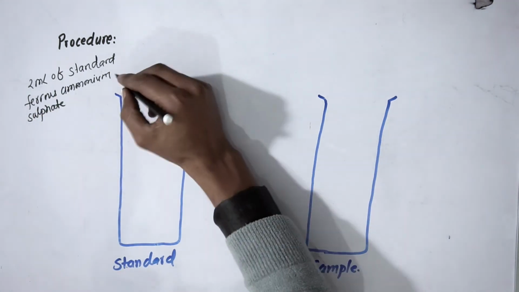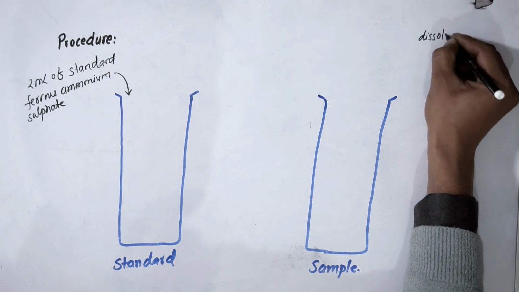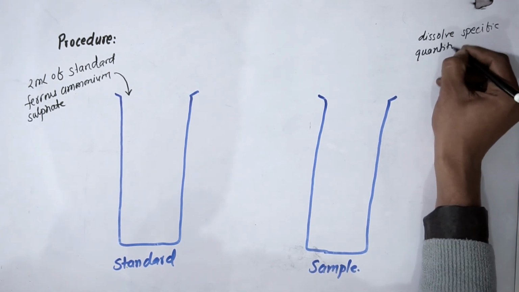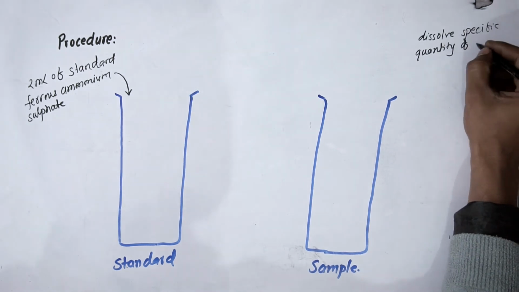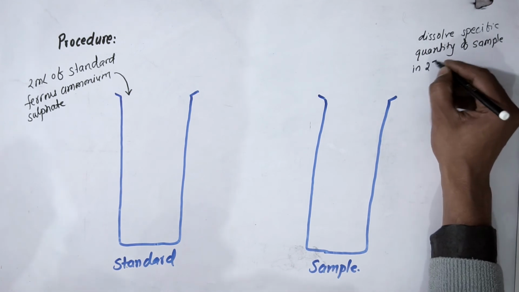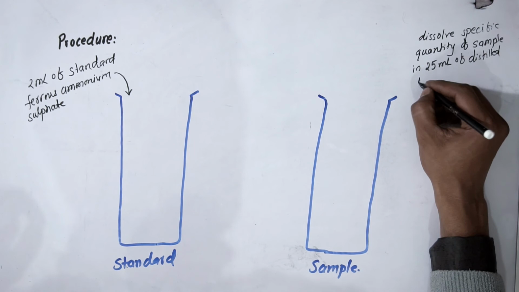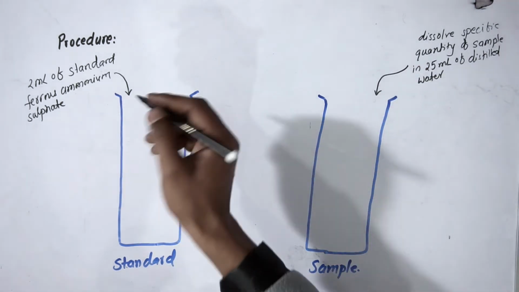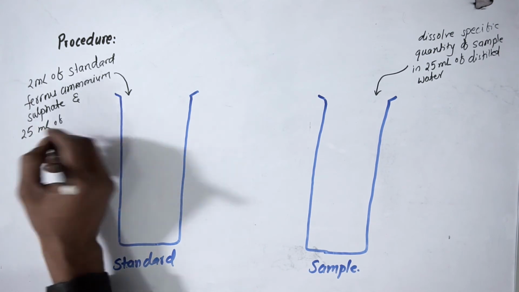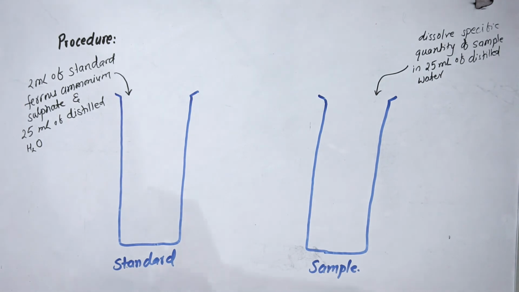And we are going to dissolve a specific quantity of sample in 25 ml of distilled water in the sample Nessler cylinder. Now, in the standard Nessler cylinder, we are going to add 25 ml of distilled water to make the media dilute.